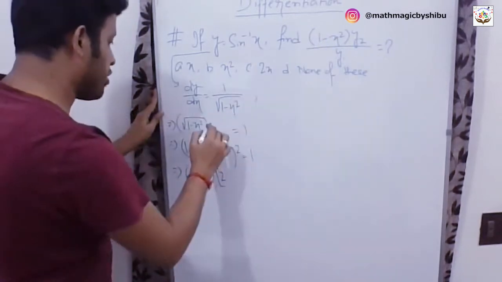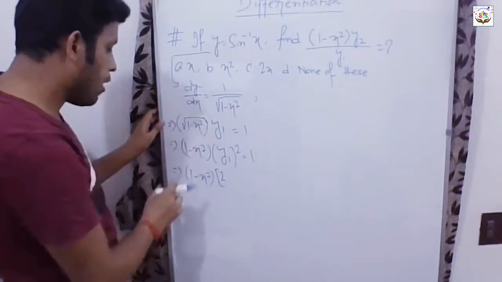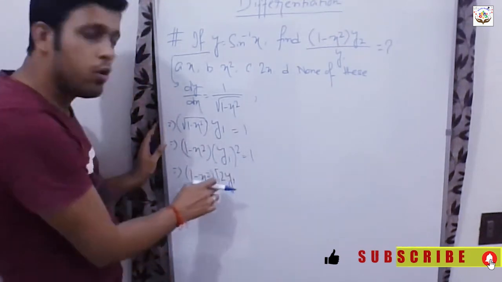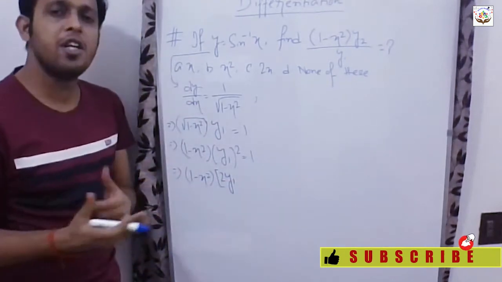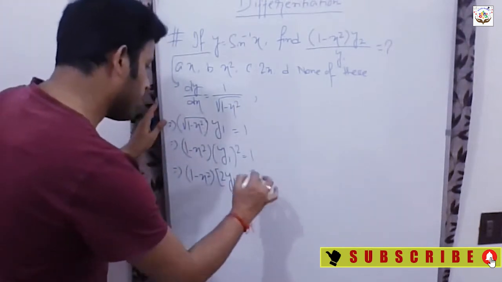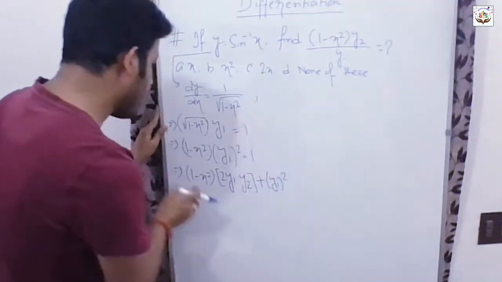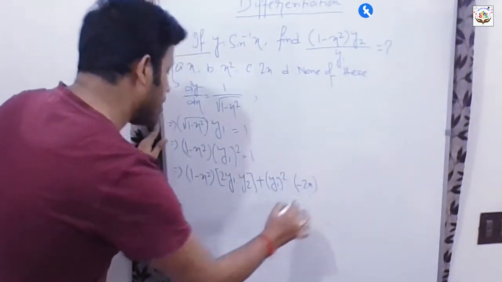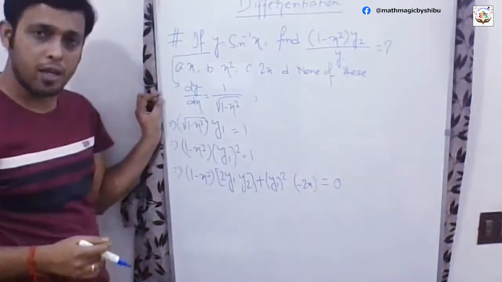Now, u constant, the derivative of y1 square would be 2 into y1, and again we need to differentiate y1, that means dy/dx, which gives d2y by dx square, that means y2. For this part we take y1 square as constant, and the differentiation of 1 minus x square is minus 2x, as the differentiation of 1 is 0. On the right hand side we have 0.